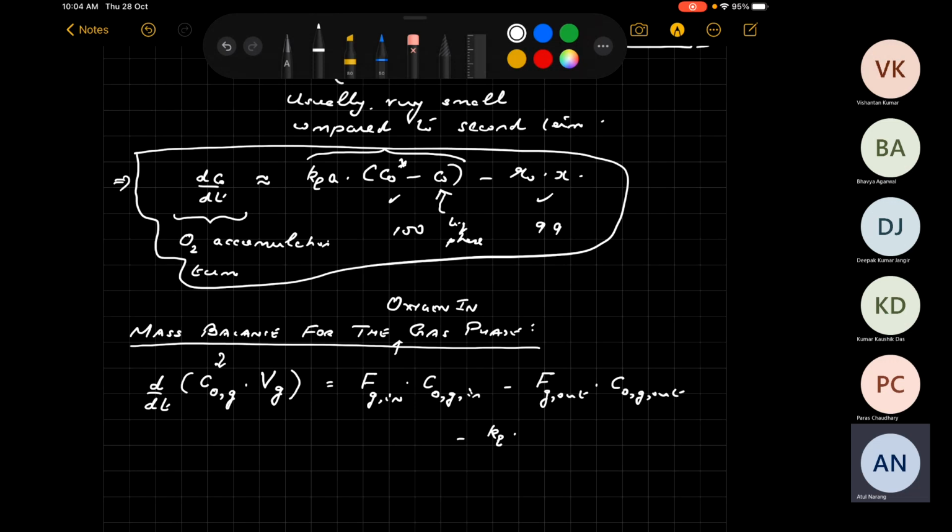This is K_L. We already had an expression for this: K_L multiplied by a, multiplied by C_O star minus C_O. That's the expression we had.